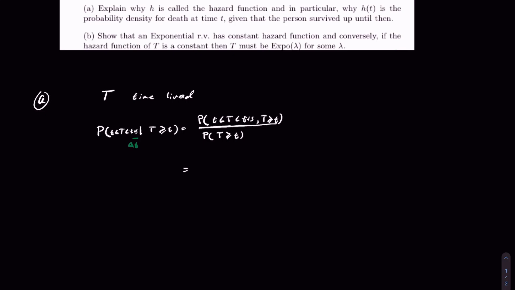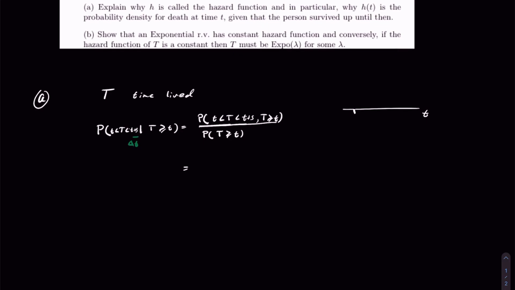So you can think about this being something like the following, where we have time here. So let's think about what is capital T greater than little t. Well, that basically means that this individual we know has lived at least up until time t. So we know this is a little t here.